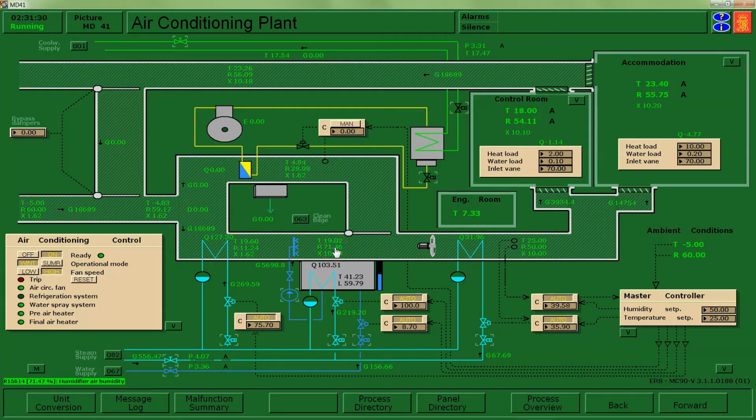It drops my temperature down to 19 degrees and relative humidity 71%. Final heating, 31, 32 kilowatts, something like that. And we are left with 25 and 50 as our outlet conditions.